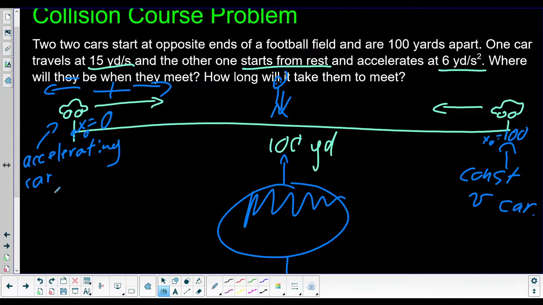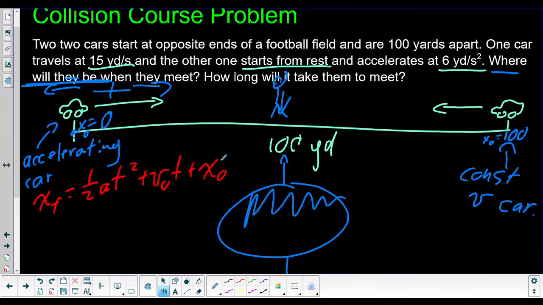Okay, let's go ahead and try and write some equations for these two cars. We're looking for where will they be. Where will they be is asking about position. So let's look at our position equations. For this car, x final equals 1/2 at squared plus v naught t plus x naught. So we can see x naught is 0.